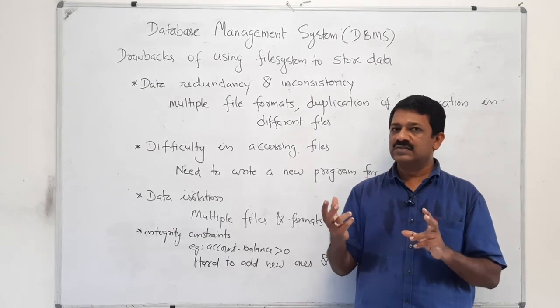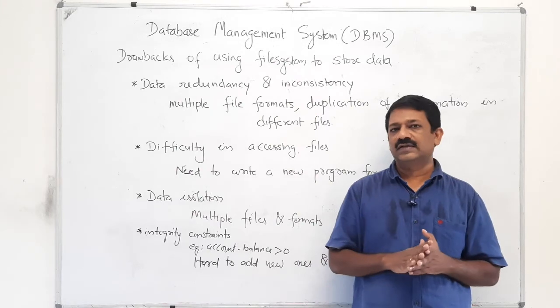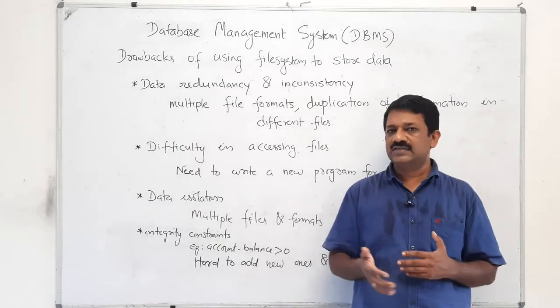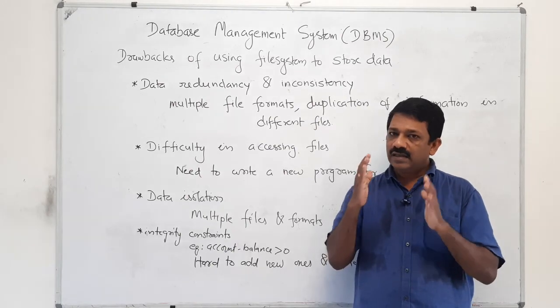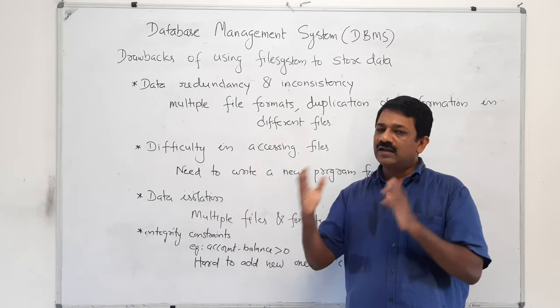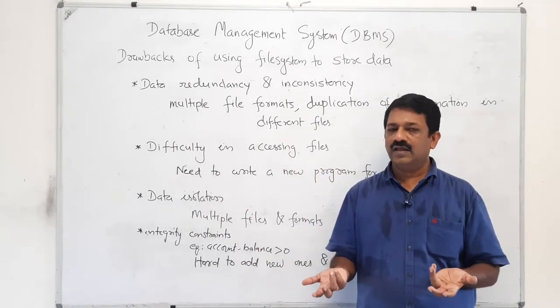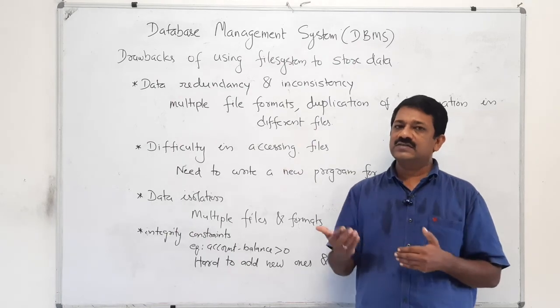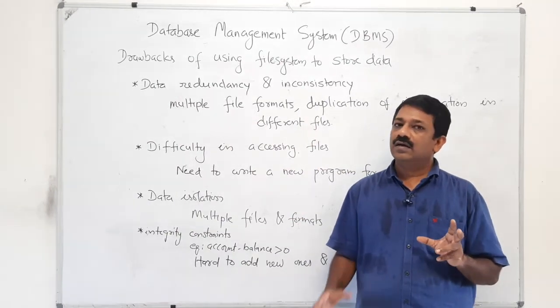When you are updating a particular data, if there is redundant information, suppose that your name or your address is stored in different locations, and your address is changed, then in separate files in different locations you have to update all the fields.